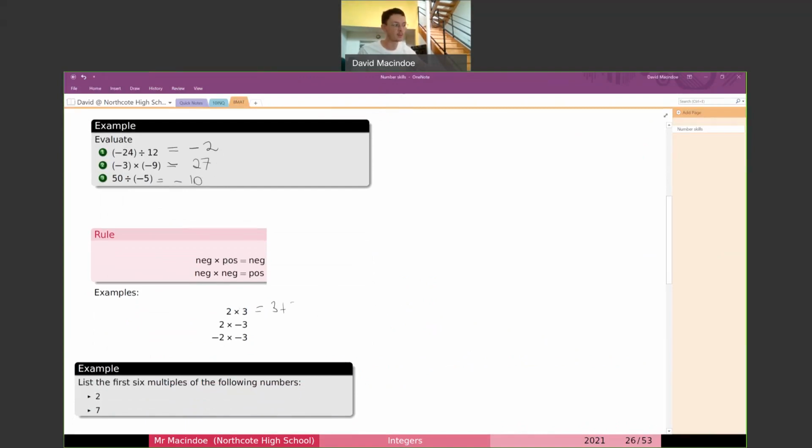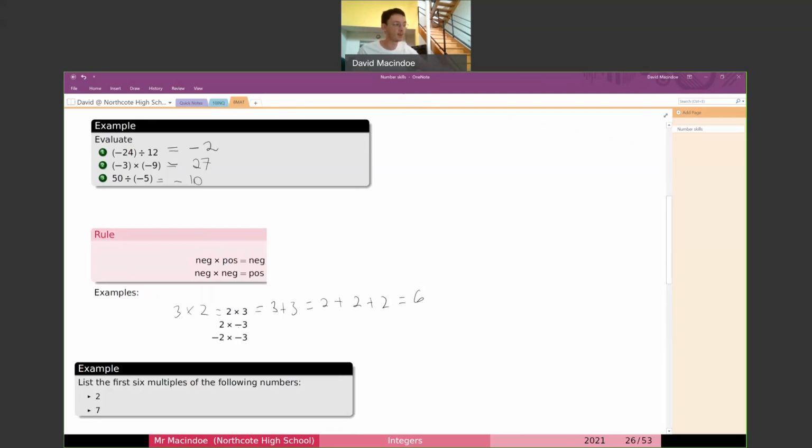So 3 plus 3. Alternatively, this is the same as saying 3 times 2, right? It would be having 3 lots of 2 added together. So 2 plus 2 plus 2. And whichever way you do it, you always end up with 6. Remember, with multiplication, order doesn't matter. So these repeated additions are the same.